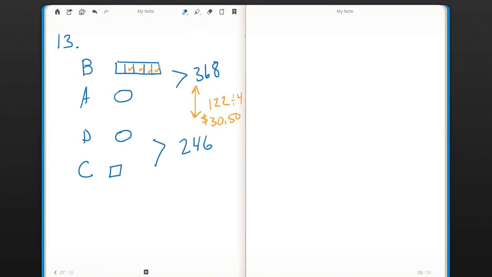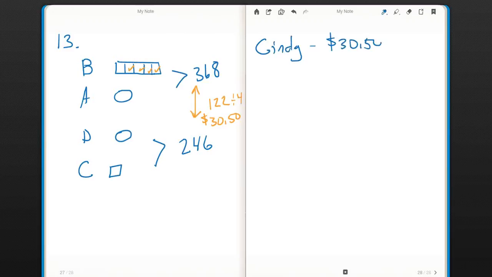So we can certainly start and already say that Cindy has $30.50. And Barry has 5 times that amount. That would be $150 and $2.50, so $152.50.